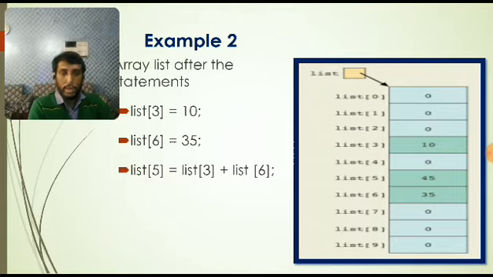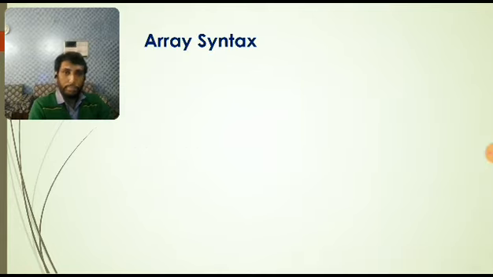Look at this image: list[3] has 10, list[6] has 35, and when it is calculated, 45 comes. So it is the best example to look at how an array is adjusted in the memory of your program or computer.